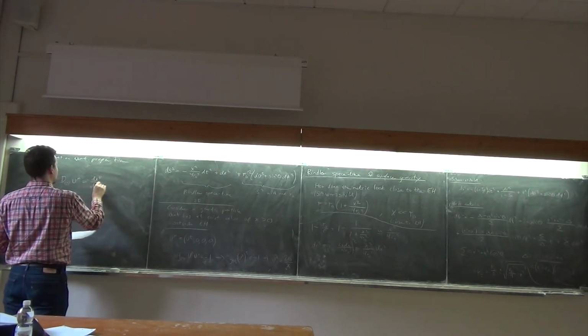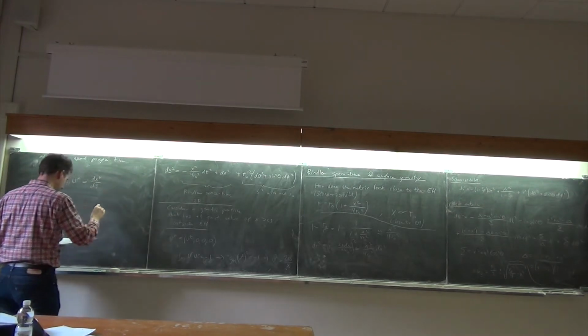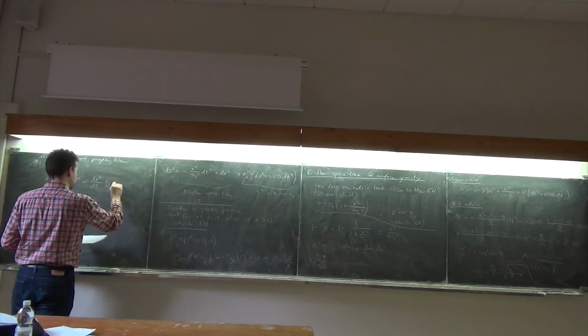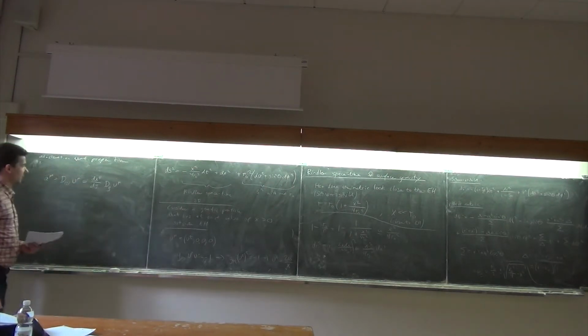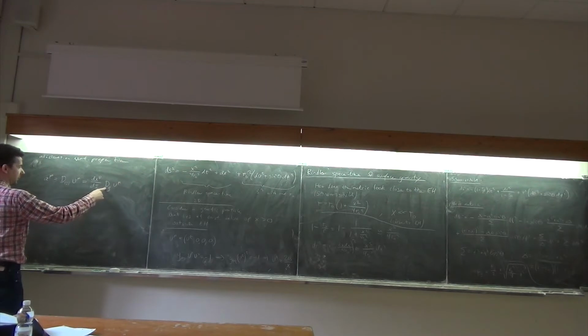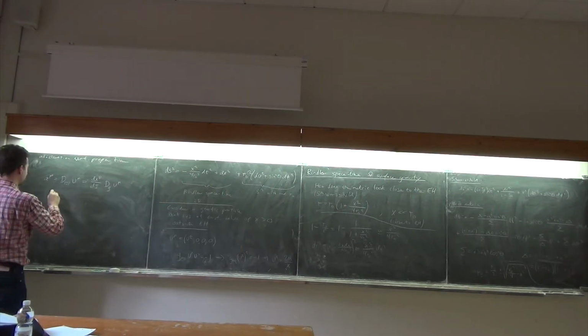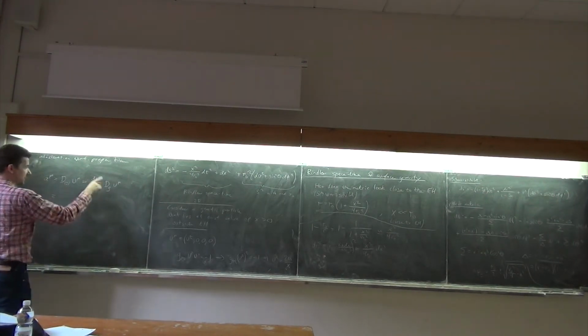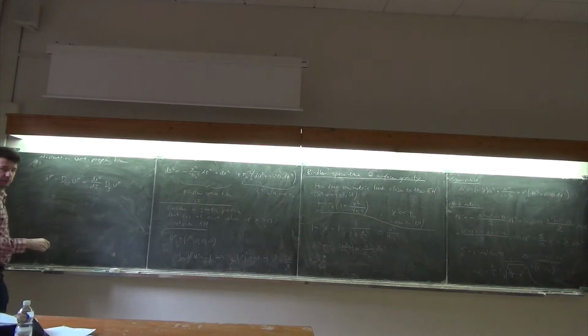So this is equal to this, where this is the invariant derivative in 4 dimensions, and this is actually nothing but the velocity vector, right?